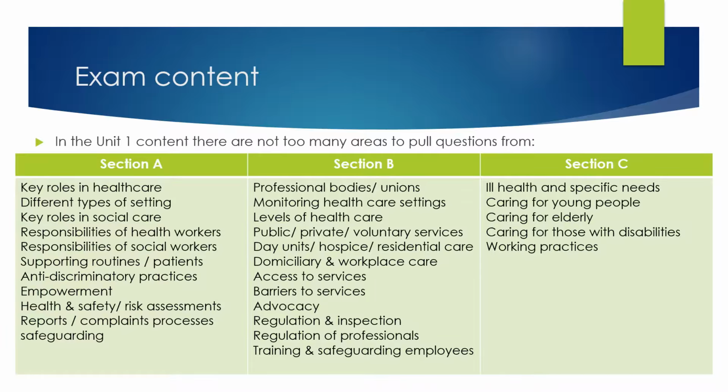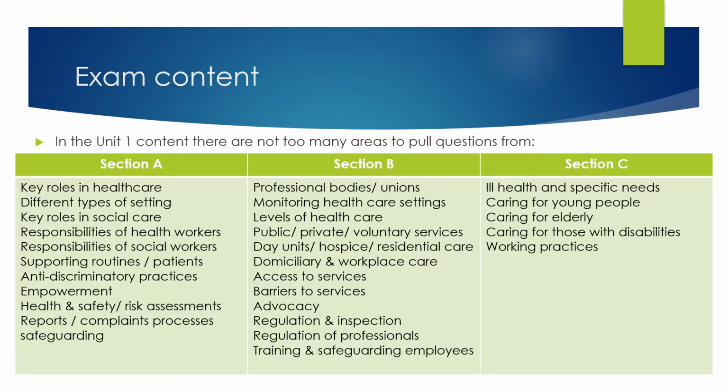Section B was a lot about the bodies, the unions, the institutions that run healthcare. So again, it's a lot about the NHS, the different types of care sector, different roles of care sectors, and obviously how they're regulated and monitored. And then section C was kind of the specific needs of different people. So caring for young people, caring for elderly, caring for those with disabilities.